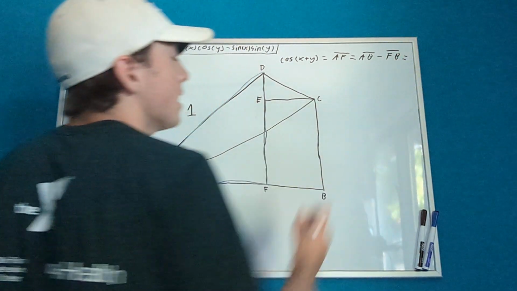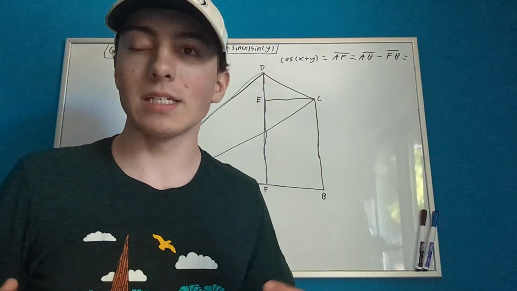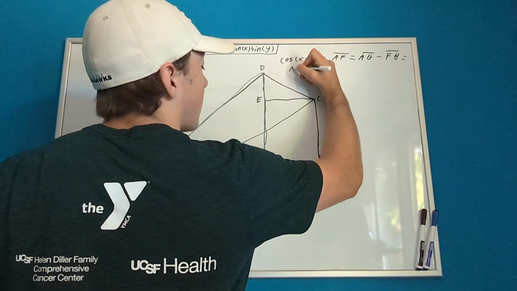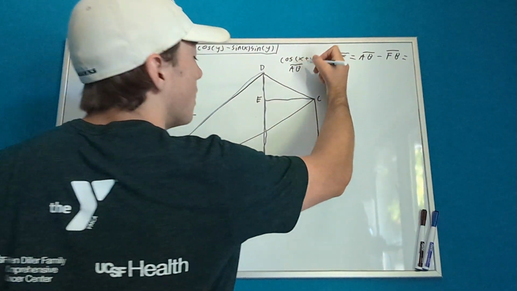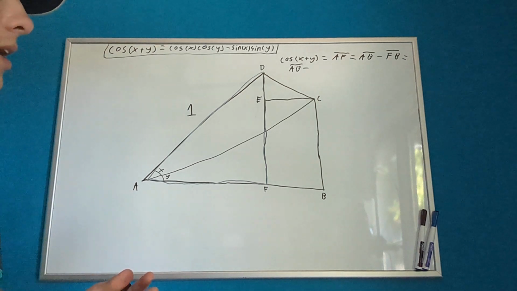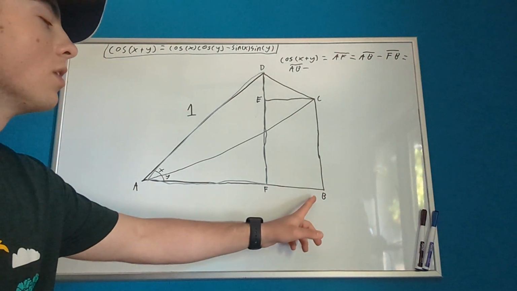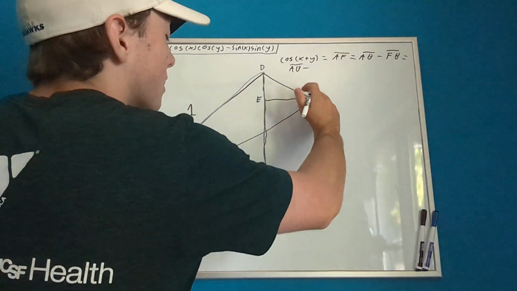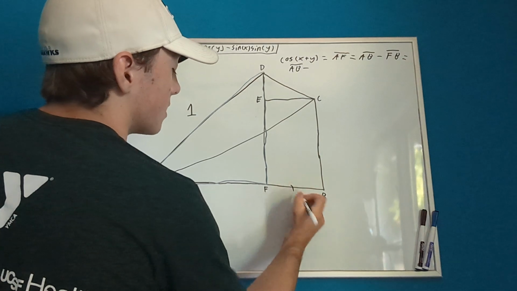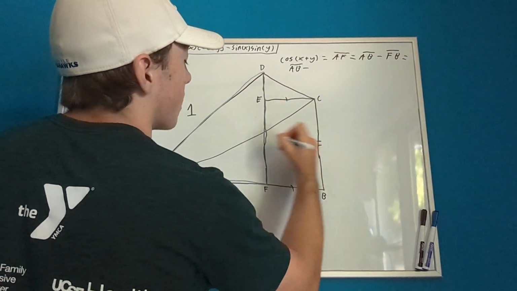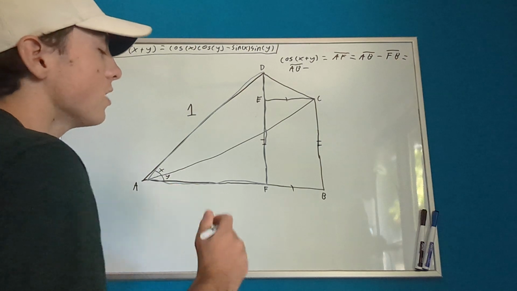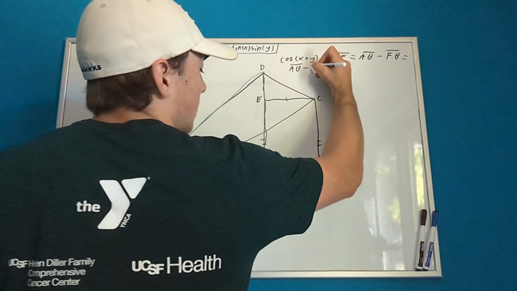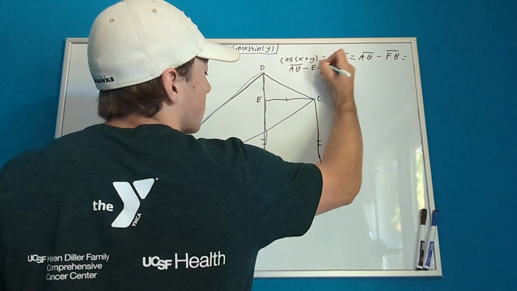To make it even easier, can you think of any line segment that would be equal to this one? EC is equal, because this is a rectangle, so this side is equal to this side. Instead of FB, we can change it to EC, and we'll see why in a second.